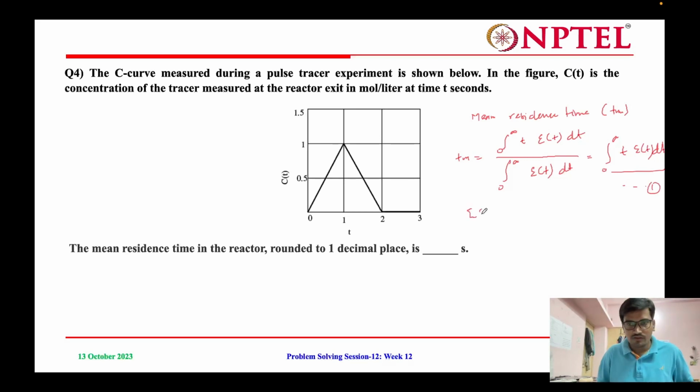Based on the data given, we can write the integral from 0 to infinity of t Ct dt over the integral of Ct dt. This is equation 2.